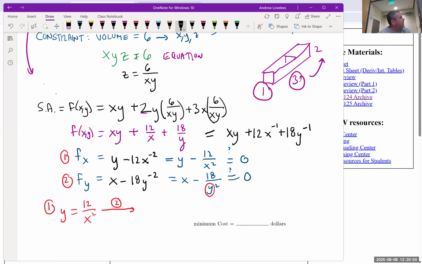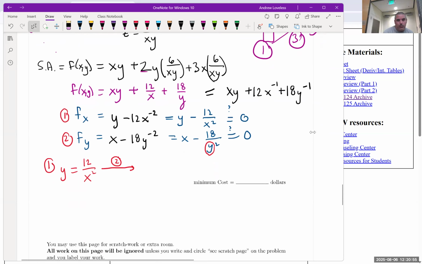I kind of have two thoughts about this. What if we wanted to prevent some of the errors, we could simplify right away, meaning multiply both sides by y squared. So from experience, I might be inclined to do that, but we can also plug it in directly.